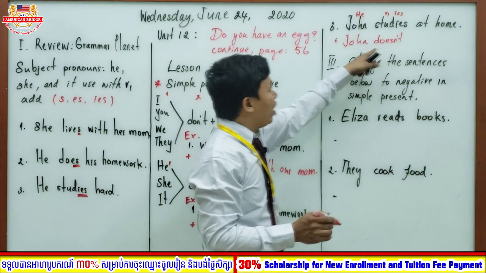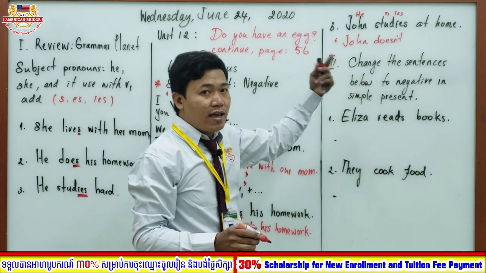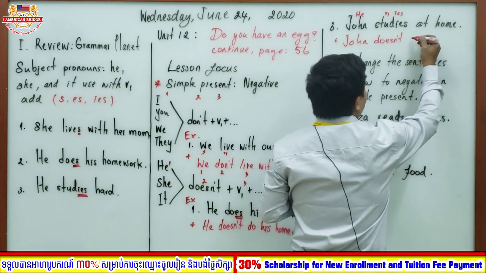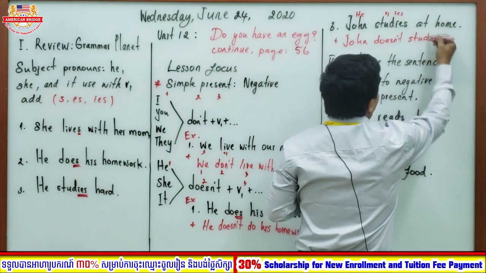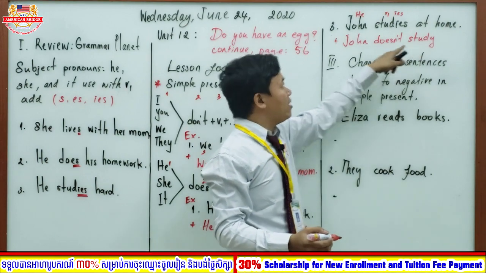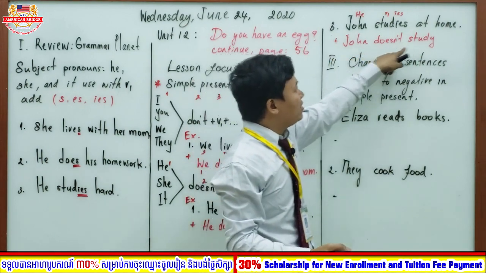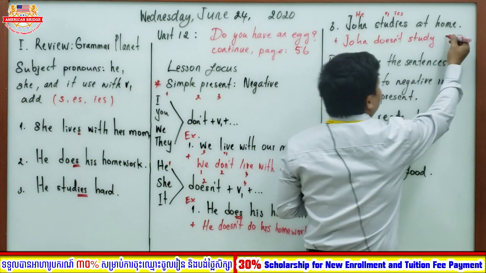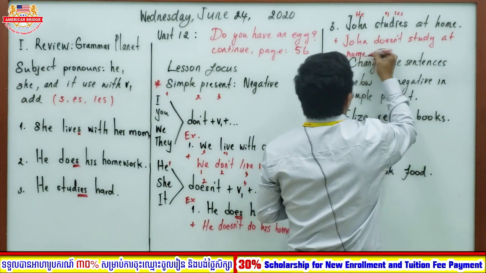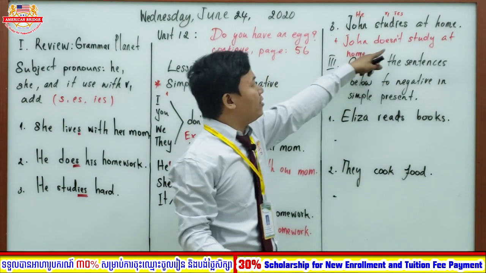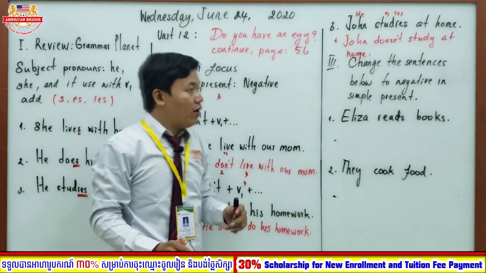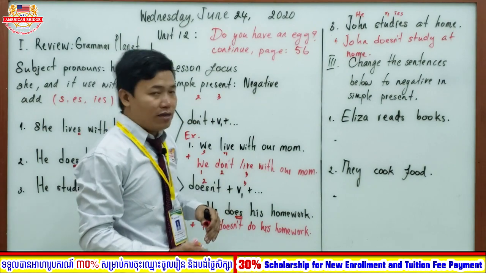The original verb is study, so we put the same verb study. John doesn't study at home. Again, John doesn't study at home. You understand, everyone? I hope that you will understand our lesson today.